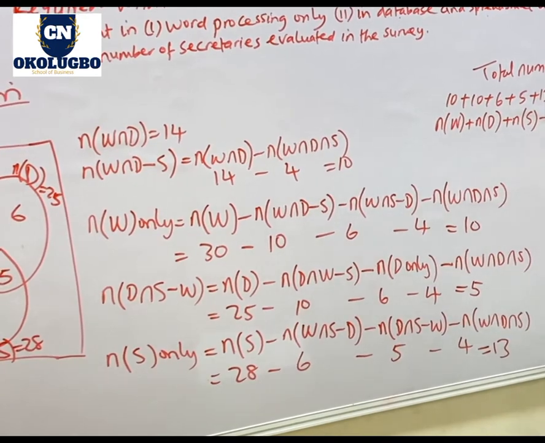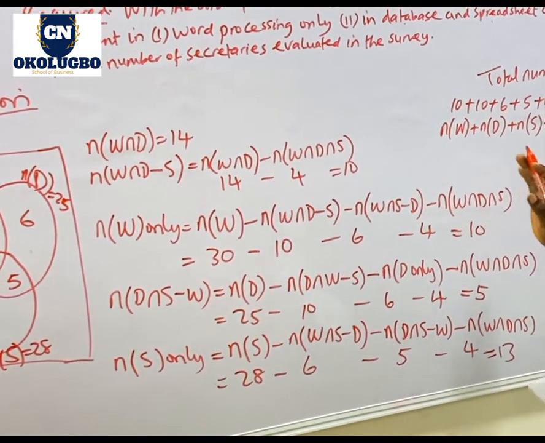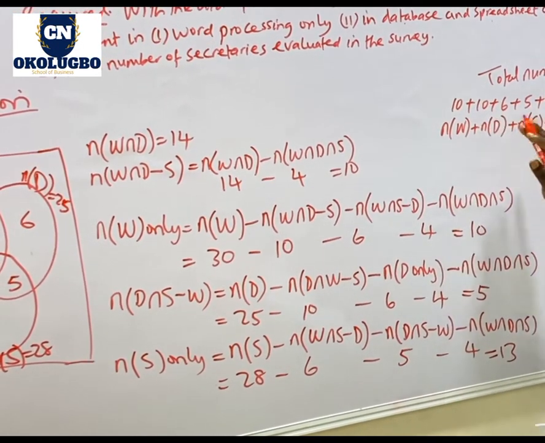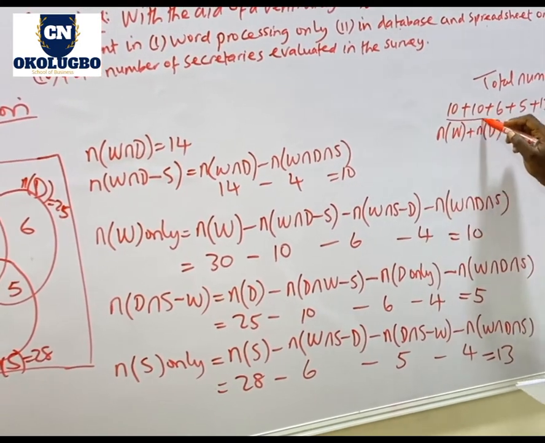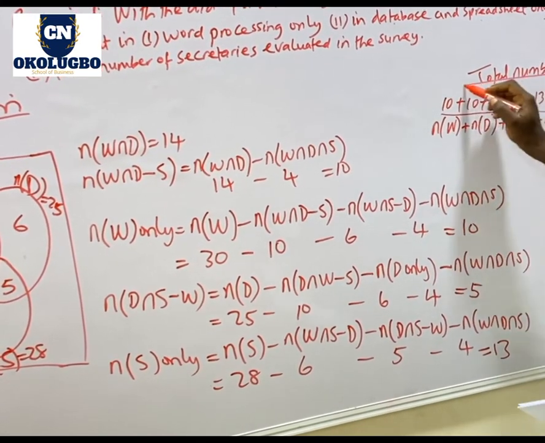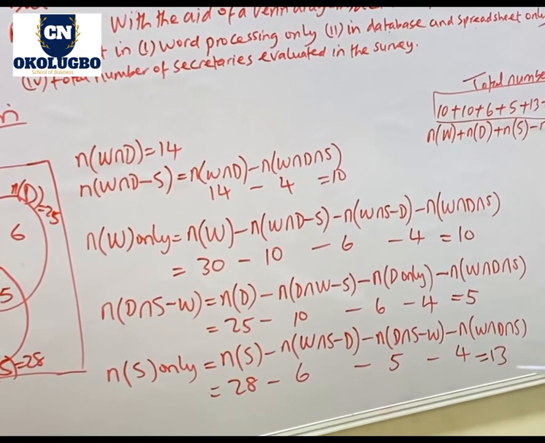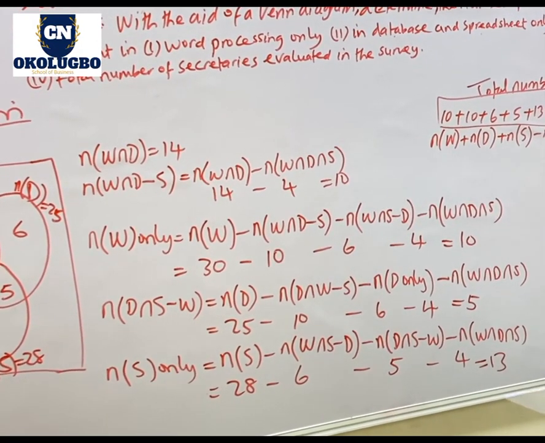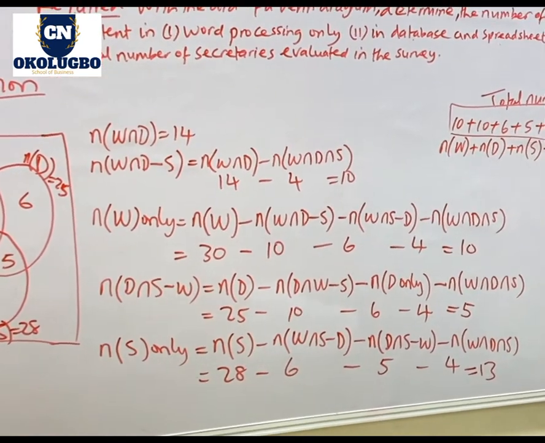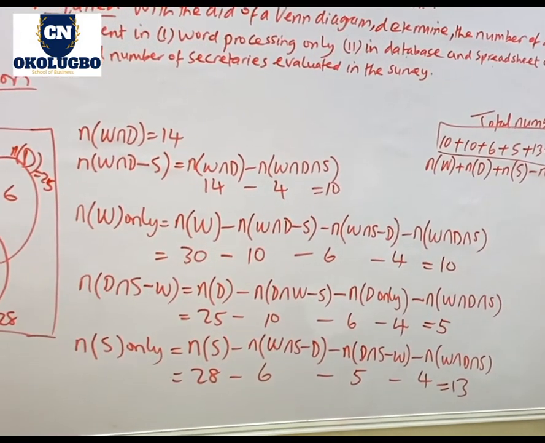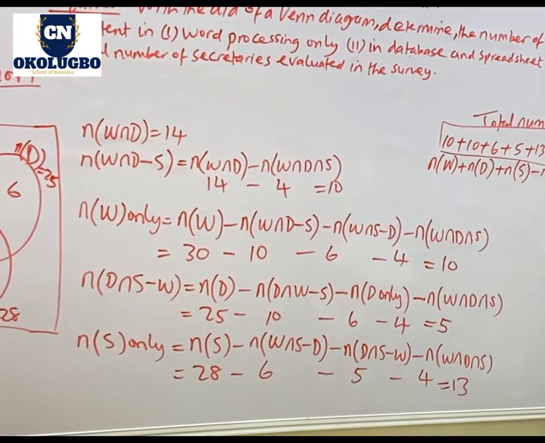So let's leave out the question this way. To find the number, just add up all these values, and then we can go home with this. So this is the total number of persons that were surveyed in this question.